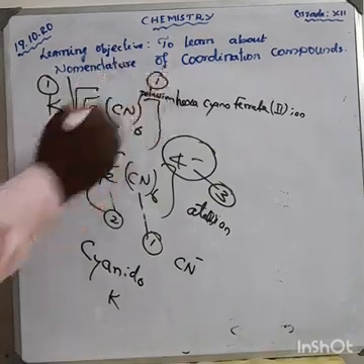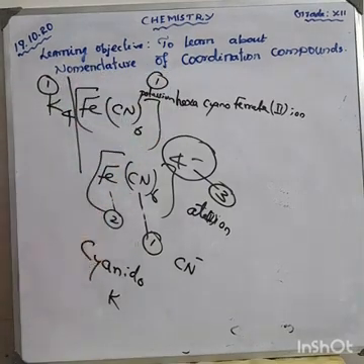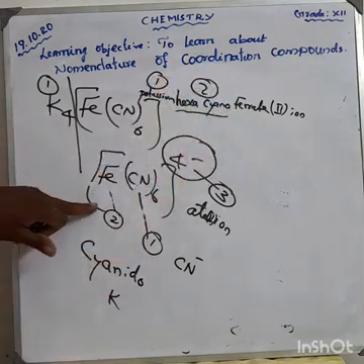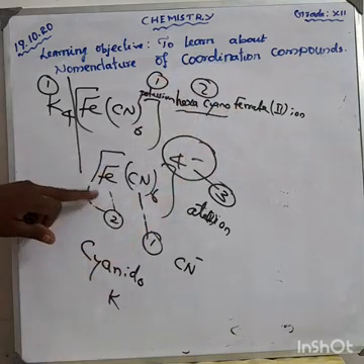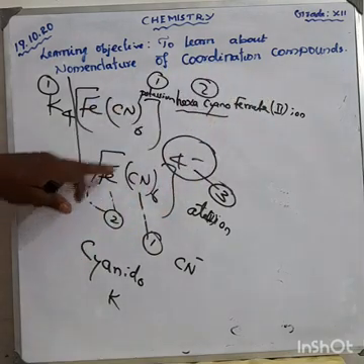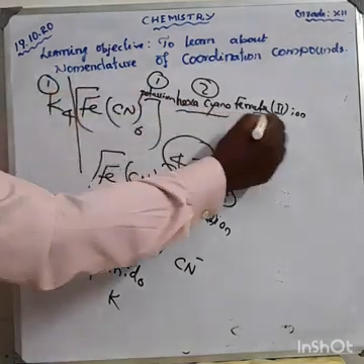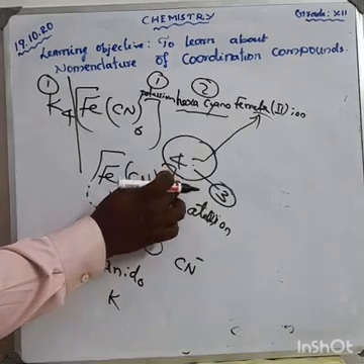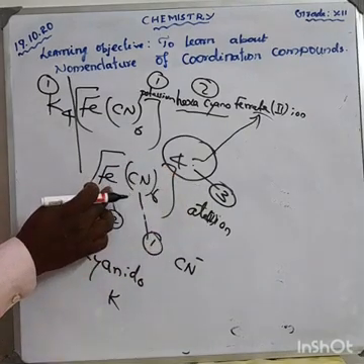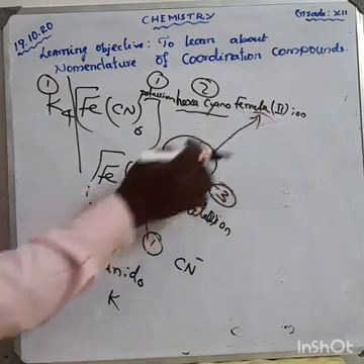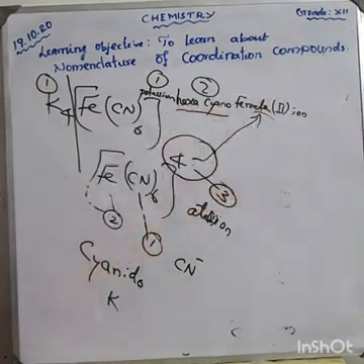Next the ligand, hexacyano, then the central metal ion Fe, ferrate. Why does 'ate' come? Because it has the negative charge. The oxidation state of Fe is 2, so you mention 2 in Roman numerals. Hexacyanoferrate(II) like that.